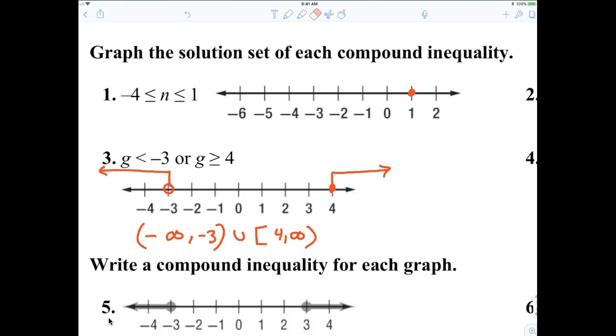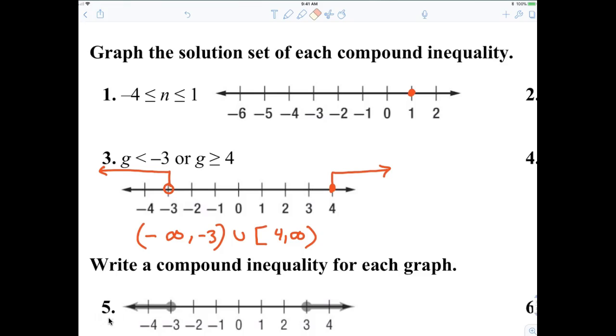I'm reading it this way now: n is greater than or equal to negative 4. If you read it backwards, you say the inequality backwards also. Everybody understand what I just did? Let's say one more time just to make sure, because this is the confusing part.